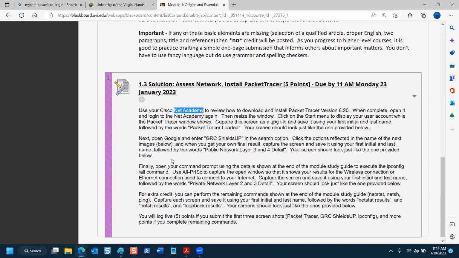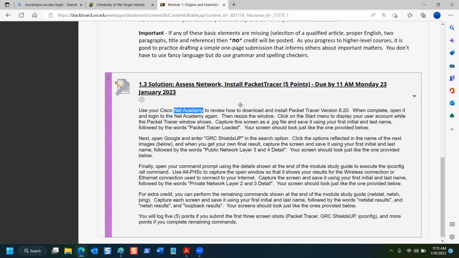And I want everybody to understand we don't need to chase ghosts needlessly. Send email to me using your UVI email account. That way I know you can still access your UVI email account, and you're in the right pond, fishing in the right pond. Okay.